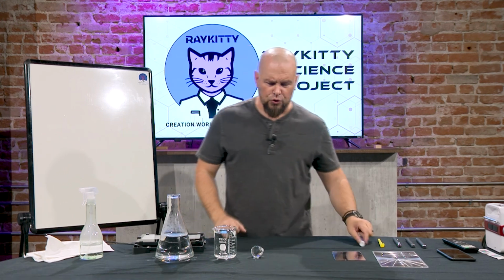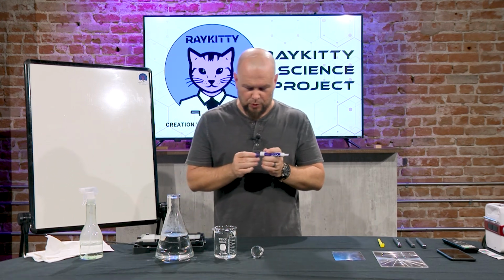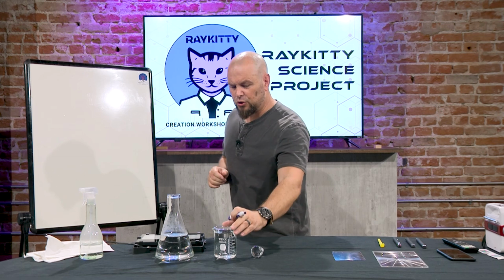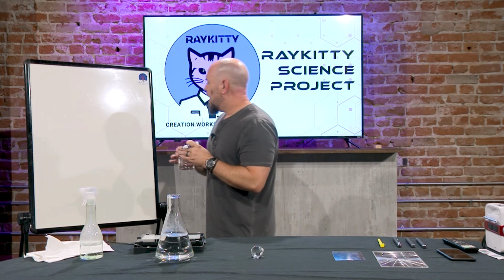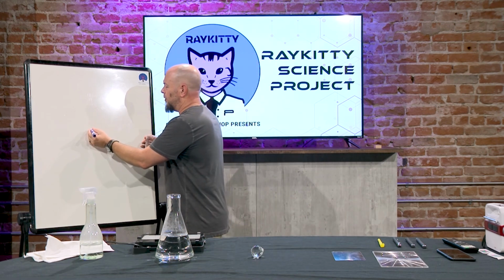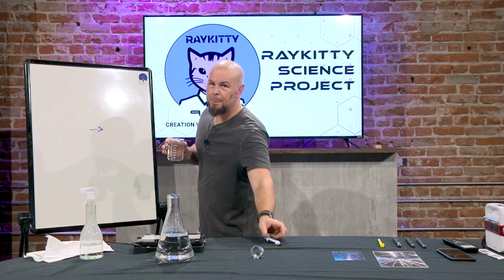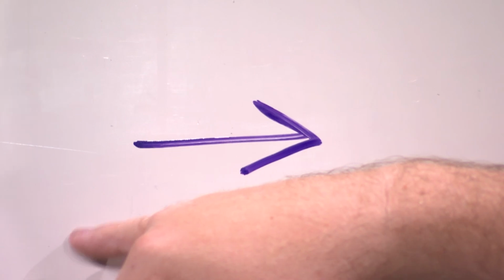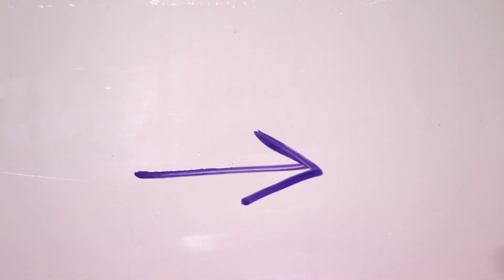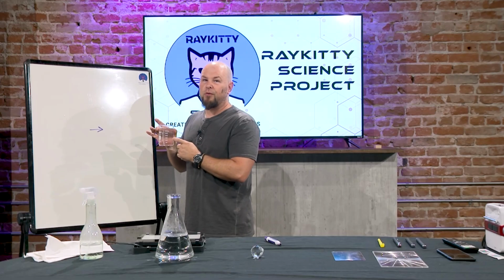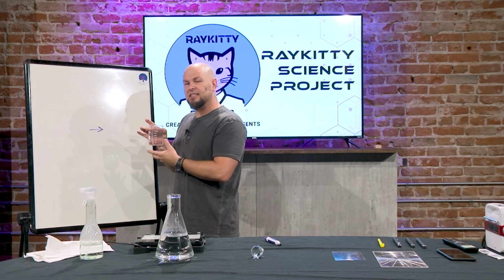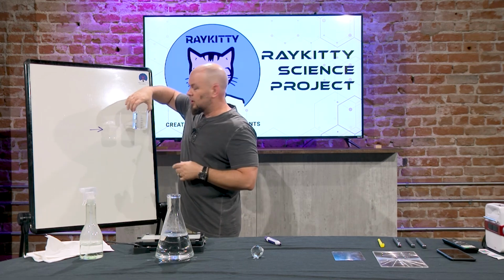Now, you've maybe seen this one before, but what I'm going to do over here is draw a little arrow on our whiteboard. Okay, now the arrow, as you can see, is pointing this way. But we're going to refract or bend the light inside of our clear glass here.